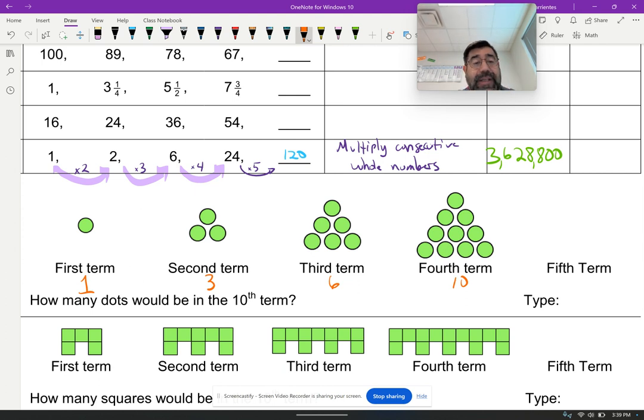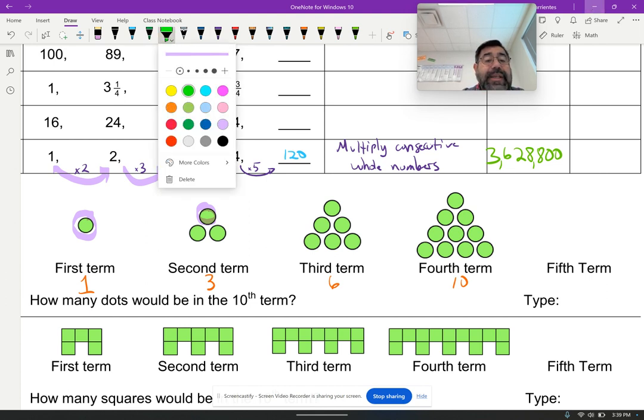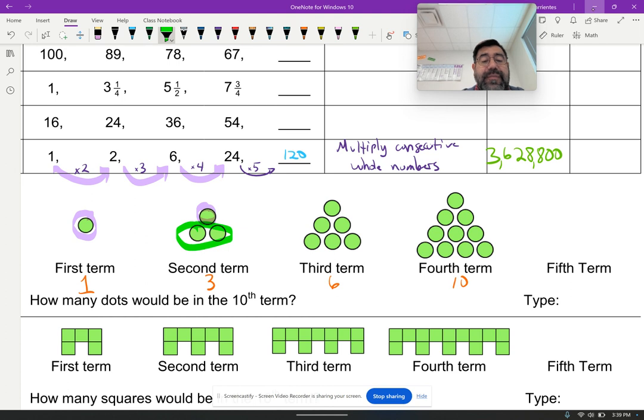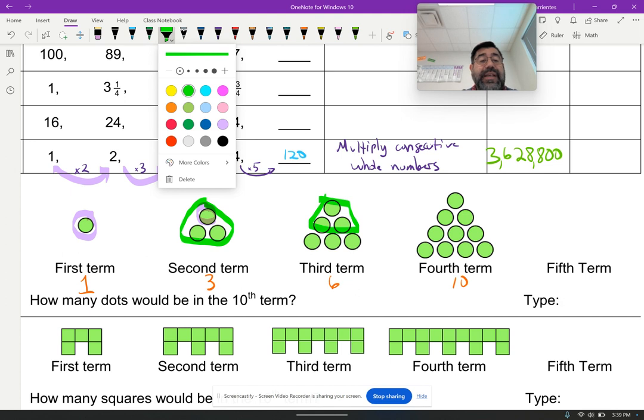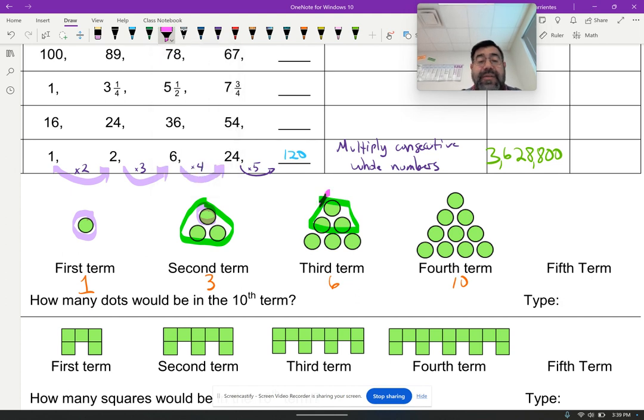Well, if you look carefully, really, we're just taking the previous term and adding an extra row on the bottom, right? We're just taking the previous term and adding an extra row on the bottom.